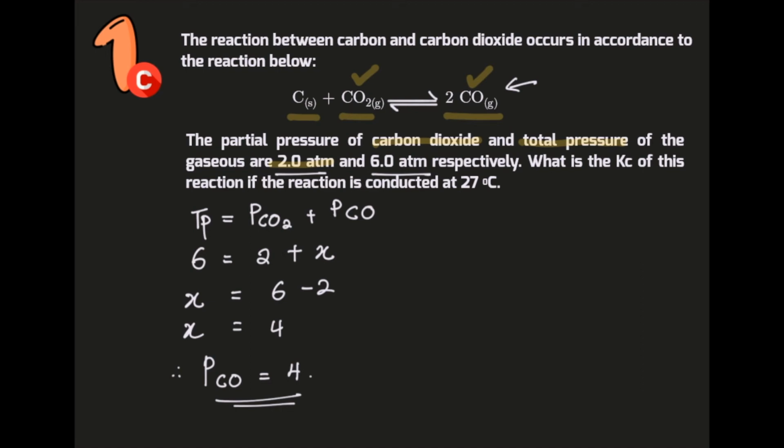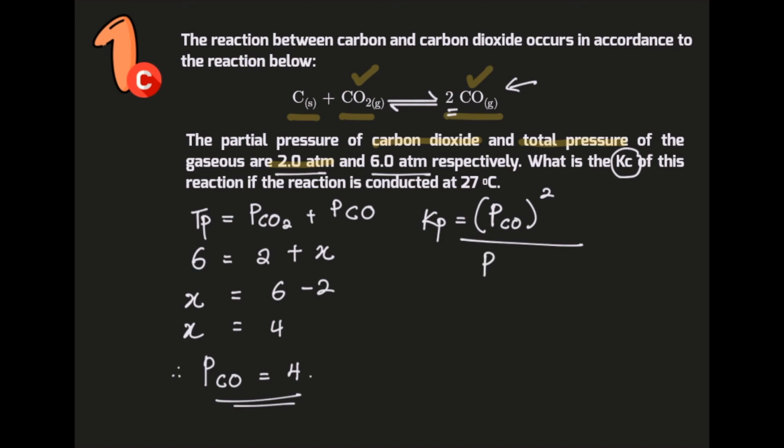In this question, although you were asked to calculate the Kc, you were not given enough information to calculate it. So instead, we should be calculating the Kp. So Kp is whatever in the product. So pressure of carbon monoxide to the power of 2, because you have 2 around here, divided by whatever in the reactant.